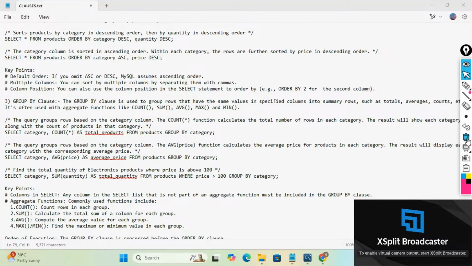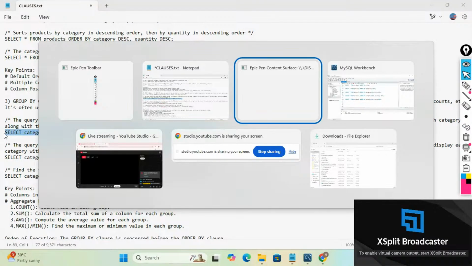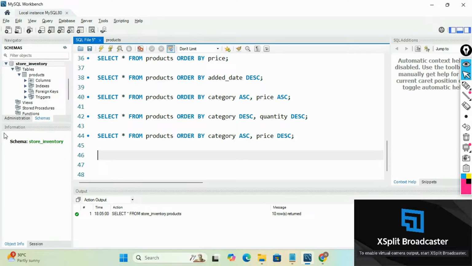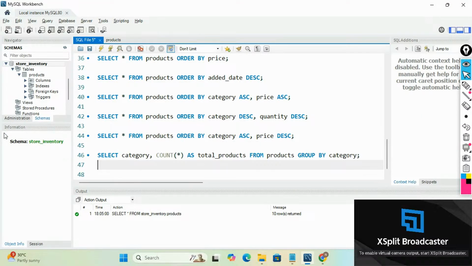I'll take the first query with respect to group by. Observe the syntax. Is it simple? Yes, it is. Because instead of getting the entire columns, I want only two columns. What are they? One is category. For now, ignore this part.